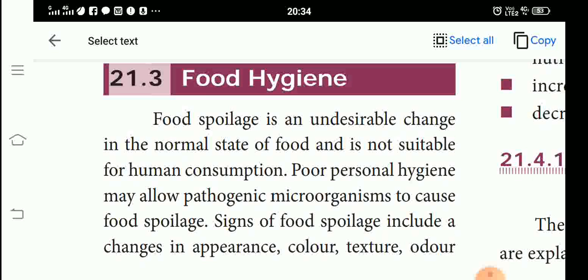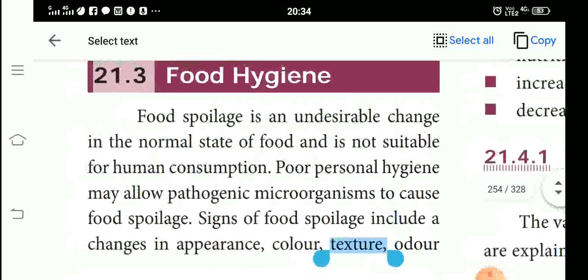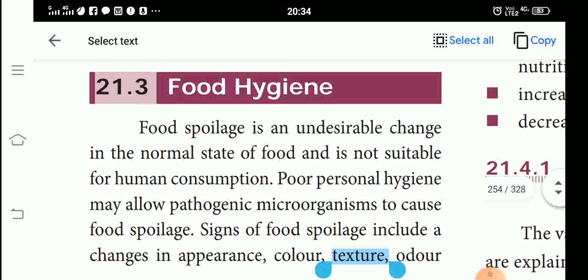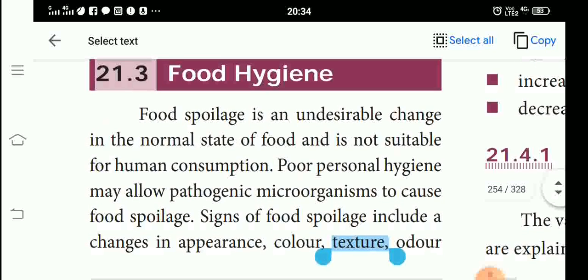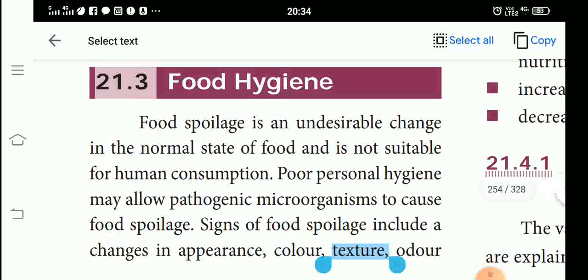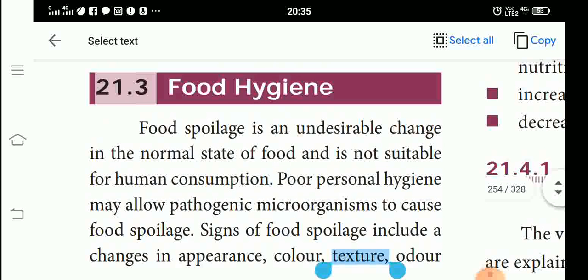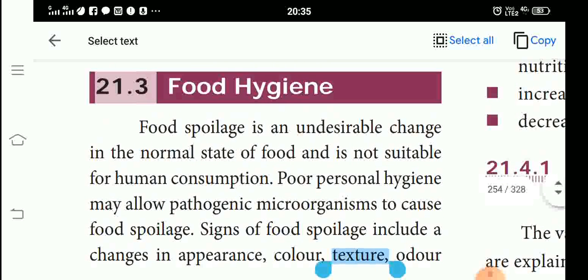Then signs of food spoilage include how we can identify that this food is spoiled. With the help of the change in appearance. If the normal bread looks somewhat whitish in color, and if any fungal growth is on the surface of the bread, what color does it look like? It looks green or yellowish in color.